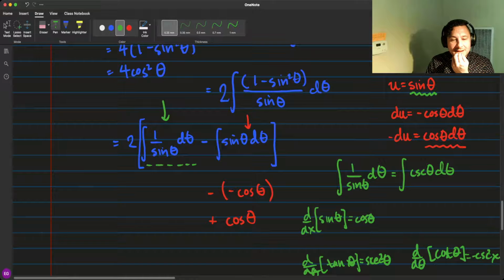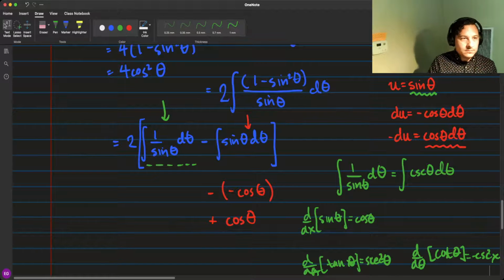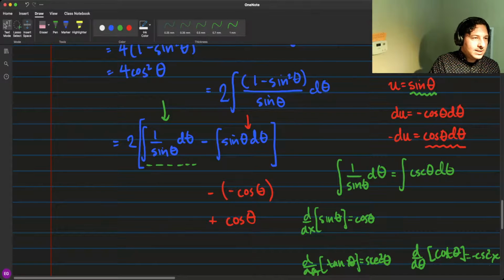But we want something that ends up with cosecant over here. What is the derivative of... Oh, damn.